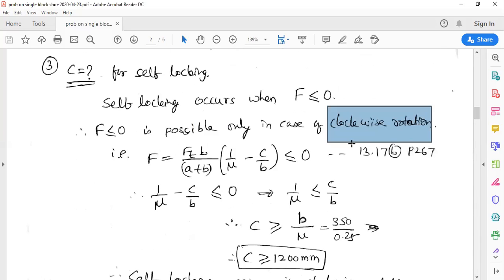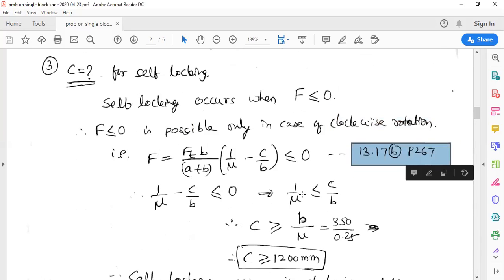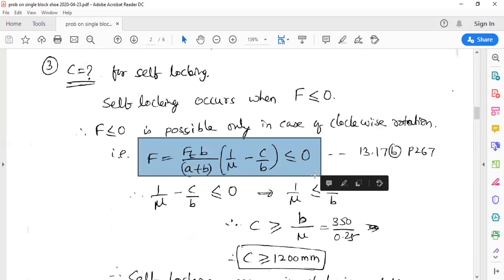So we make use of equation 13.17b, page number 267 of the Tata handbook. Using that equation, F less than or equal to 0, where F is equal to Ft into B divided by A plus B, into bracket 1 by mu minus C by B. This equation should give the value of F as negative or 0.